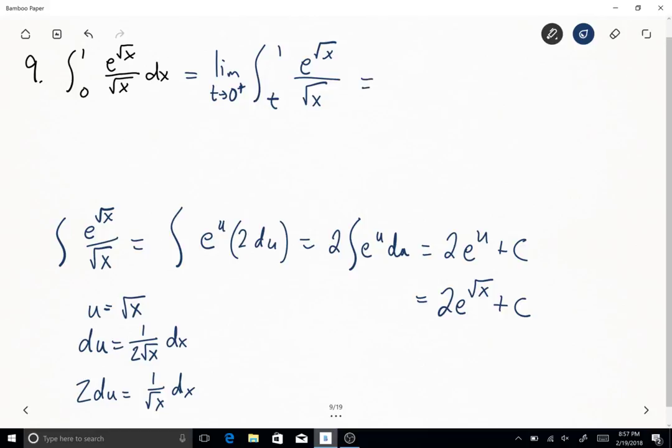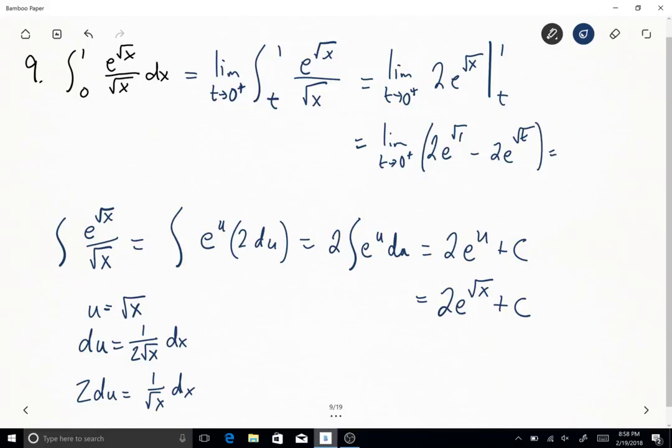Okay, so now this thing becomes the limit as t approaches 0 from the right, and then we know our antiderivative is 2e to the square root of x, evaluated at t and 1. So now, moving forward from there, you get the limit as t approaches 0 from the right of 2e to the square root of 1 minus 2e to the square root of t.